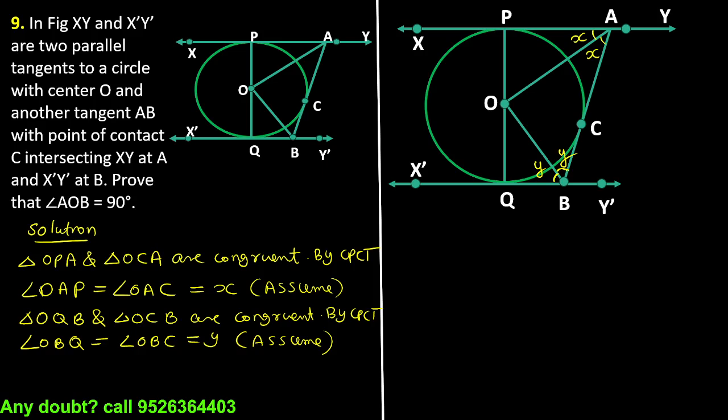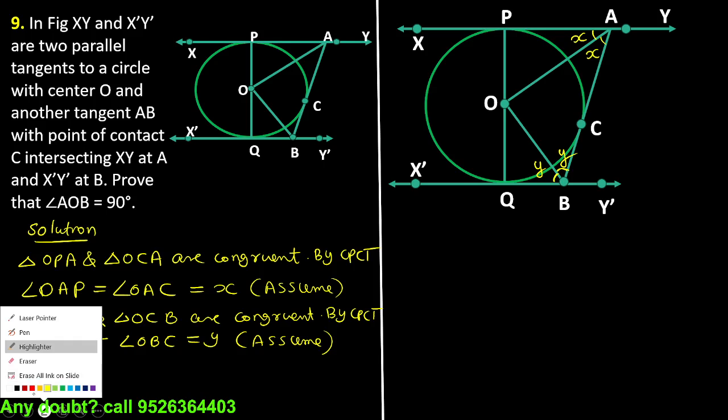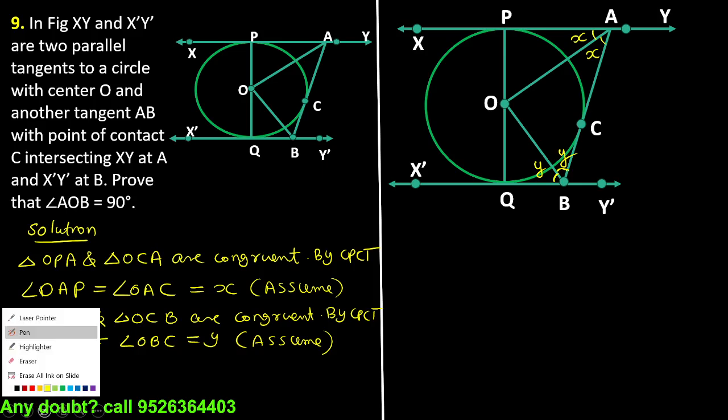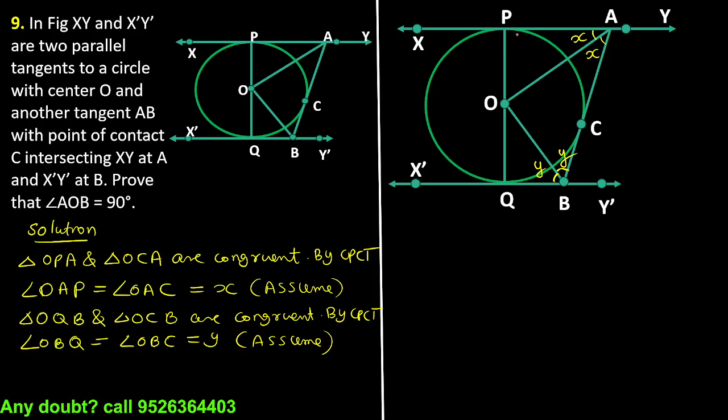Can you see a quadrilateral here? I will highlight it. You know that in a quadrilateral the sum of angles will be 360. Focus on this highlighted quadrilateral. Which quadrilateral?